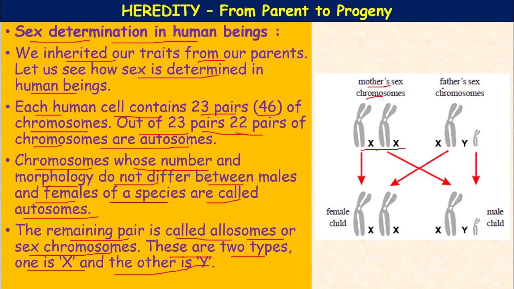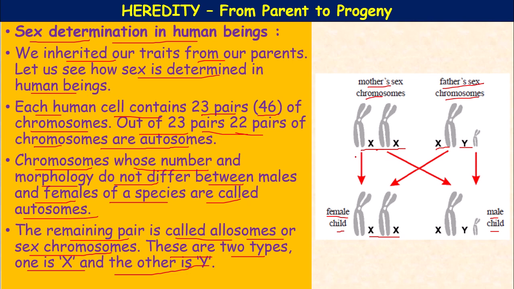The father's sex chromosomes are X and Y. During the process of reproduction, the X chromosome present in the egg combines with the X chromosome of the sperm, then an XX combination is produced, and it is a female child. Whereas if the X chromosome of the ovum combines with the Y chromosome sperm, then it forms a male child. XY represents the male, XX represents the female.